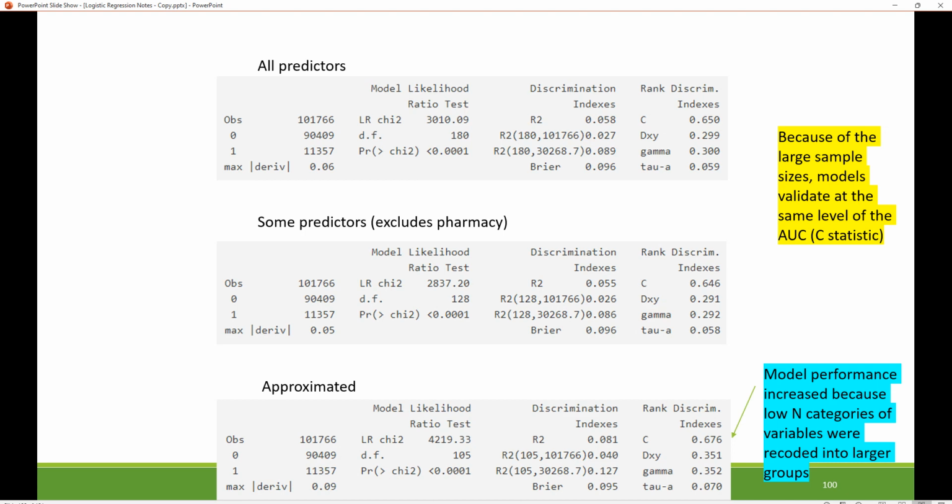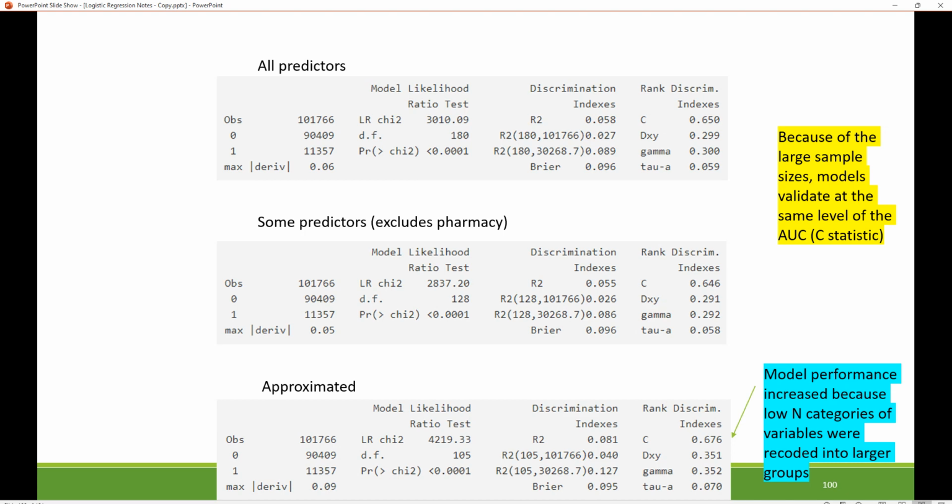At the bottom, we do have an approximated model, and you'll notice on the upper right that the C statistic is a bit higher, but it's important to note that model performance increased because low sample categories of variables were recoded into larger groups. There were a few different predictors that had response categories with a low N, or a low number of responses in that category.